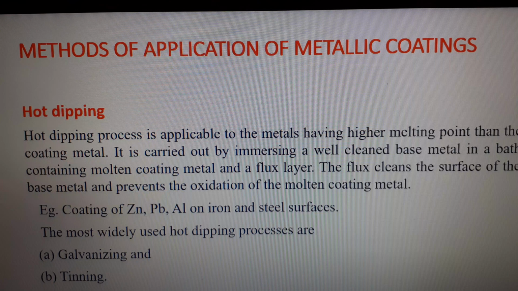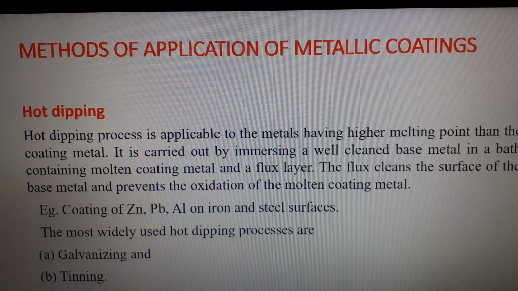The process in general consists of immersing the base metal in a bath of molten coating metal covered by a molten flux layer, which is zinc chloride, and the flux cleans the base metal and prevents the oxidation of the molten coating metal.